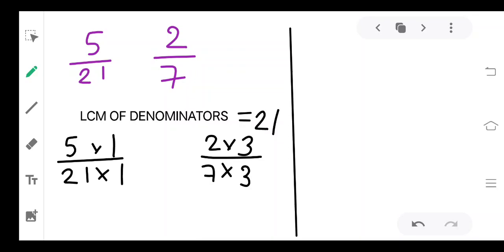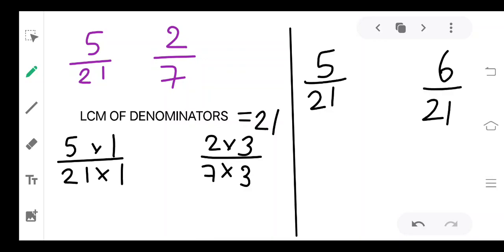Students, we take the LCM of the denominators because we want the denominators to be the same in all numbers. So 5 ones are 5, 21 ones are 21, 2 threes are 6, and 7 threes are 21.